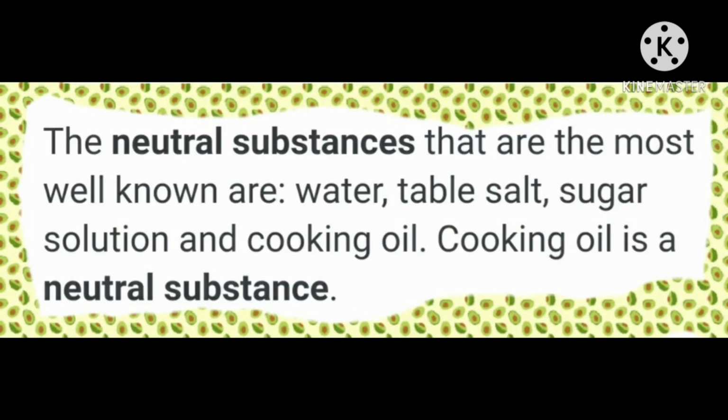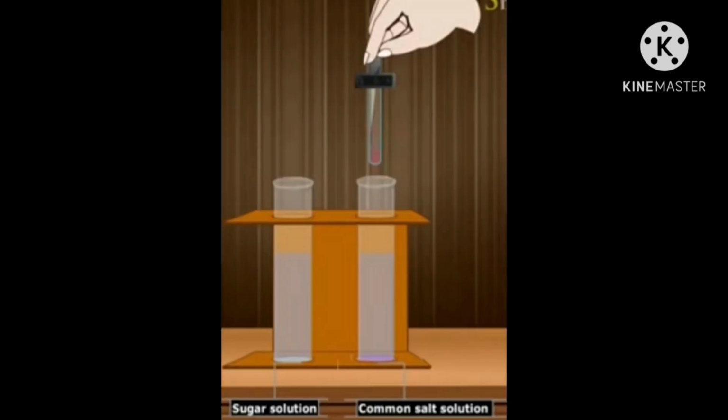That means they are neither acidic nor basic. Pure water, common salt, sugar are neutral substances. So, pure water, common salt solution and sugar solution do not change the color of any indicator.